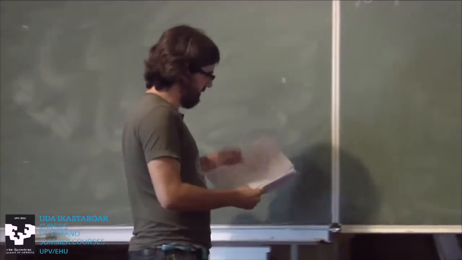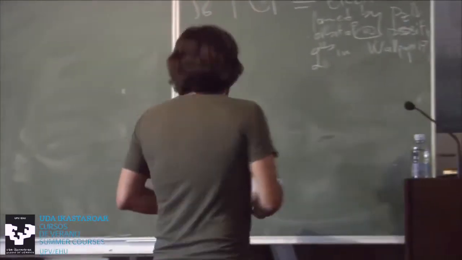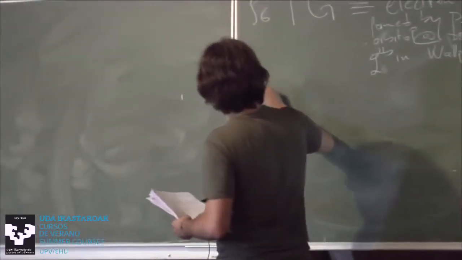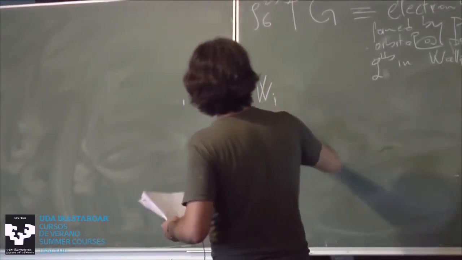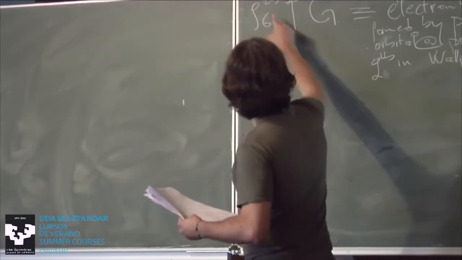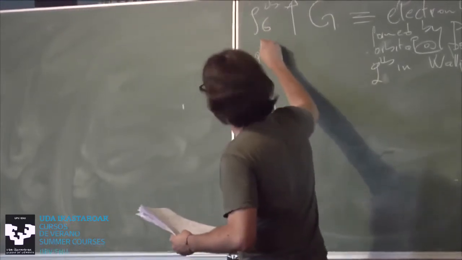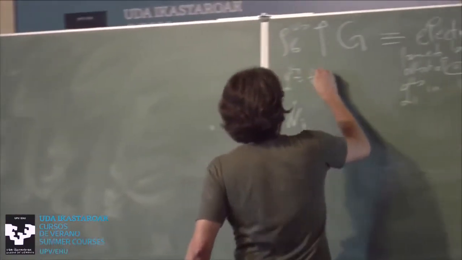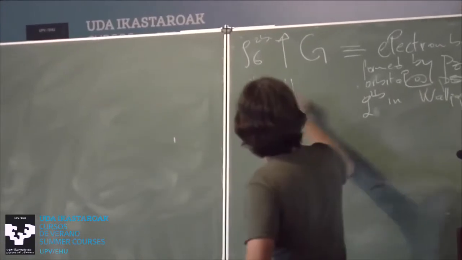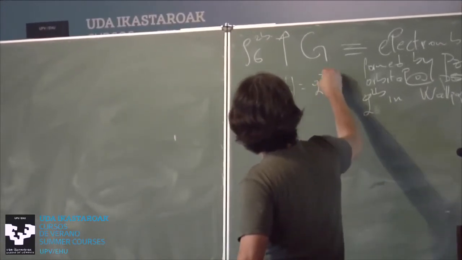What I'm going to choose now is a set of orbitals on the Wyckoff position Q2B, this guy, which is 1/3, 1/3, which we call Q1 2B.